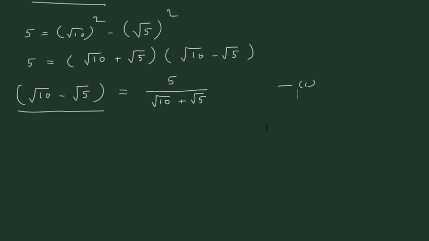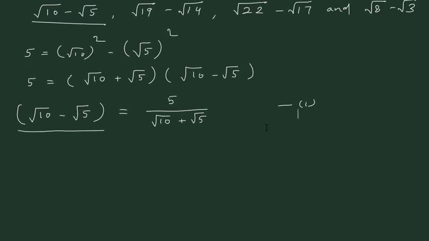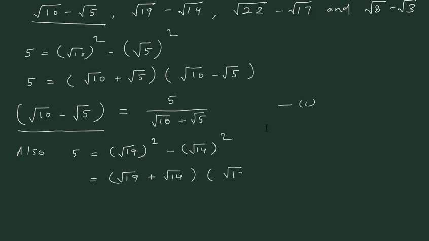In the same way, 5 is equal to root 19 the whole square minus root 14 the whole square. So this will become root 19 plus root 14 in one bracket and root 19 minus root 14 in the other bracket.